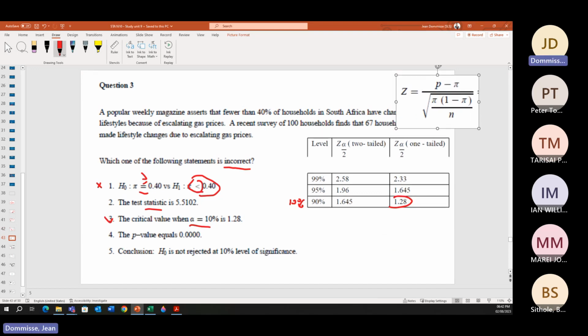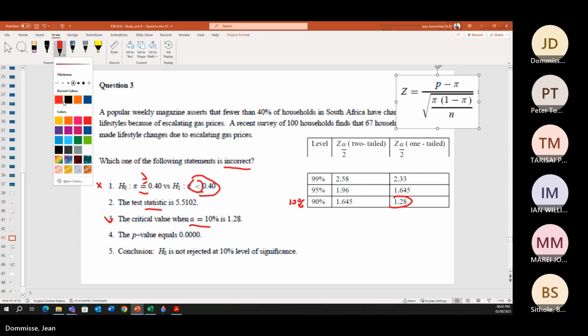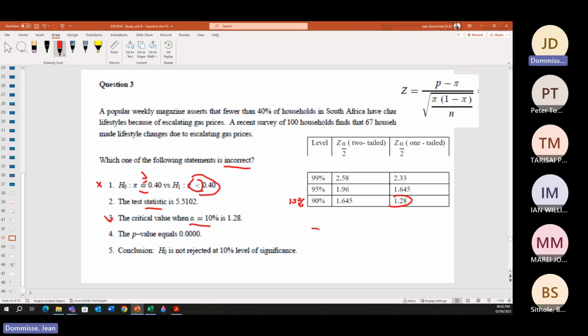Okay, so for this one, we've got Z. They tell us that we test it against 67. So 67 divided by 100 is going to give us 0.67.